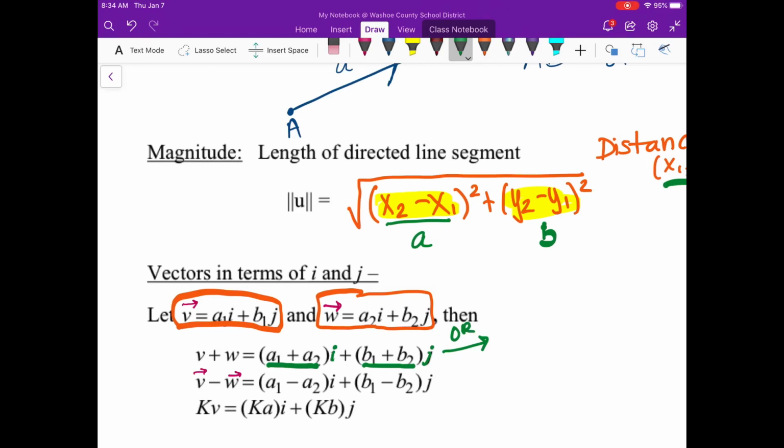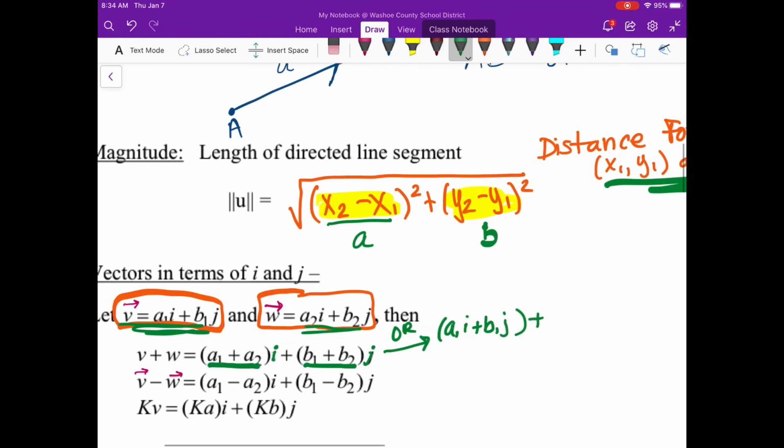Another way you could think of this: think of you adding a sub 1 i plus b sub 1 j. So you're taking this very first vector, that's what I'm writing, and then I'm adding onto that the second vector, so a sub 2 i plus b sub 2 j. And if this was just a regular problem with x's and y's, all you would do is combine your like terms.